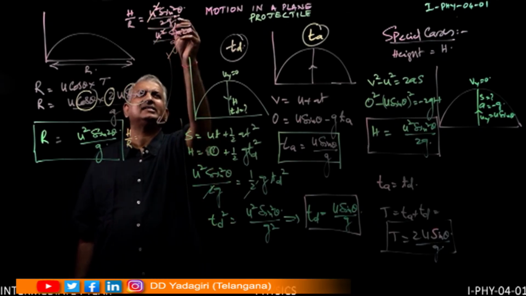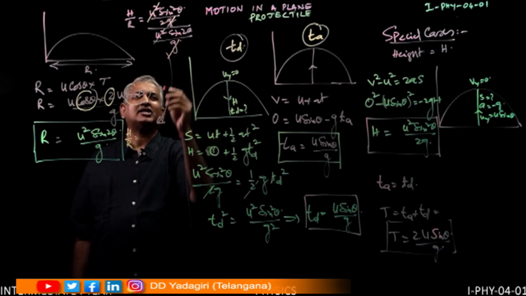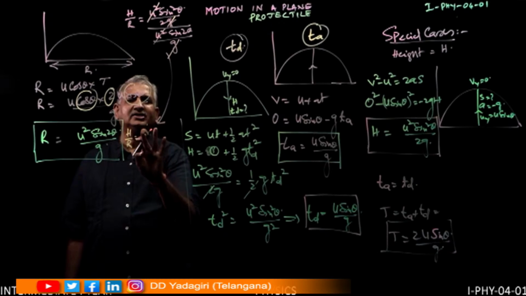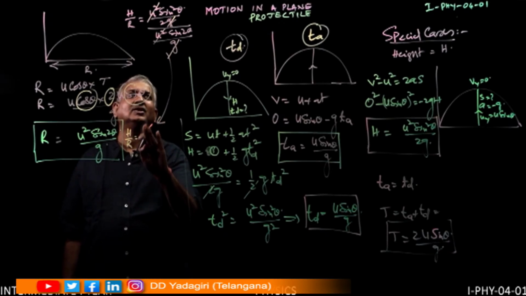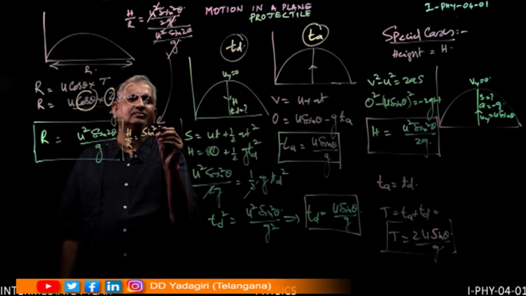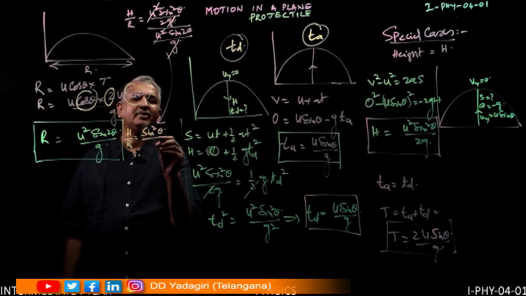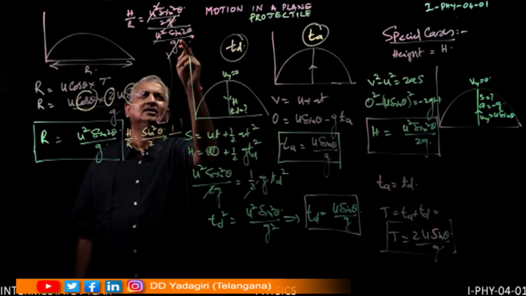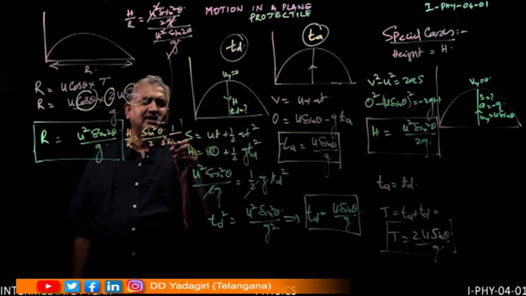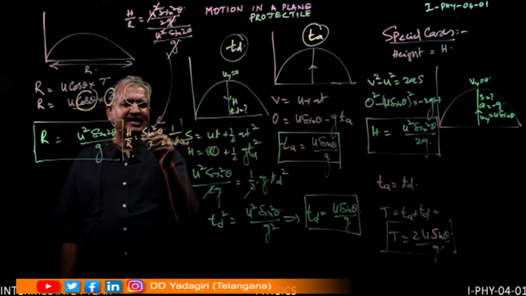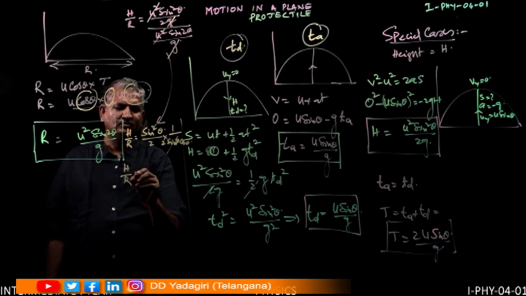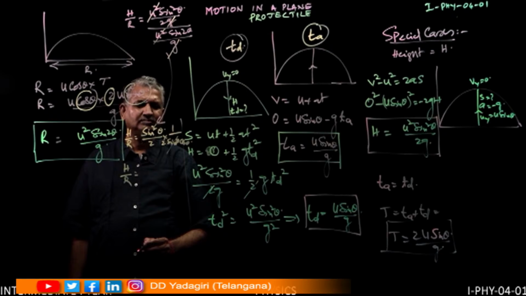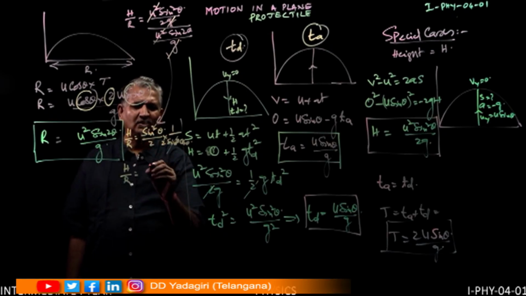This g and g will be cancelled. And here I am expanding: sin²θ divided by 2, 1 by sin 2θ is nothing but 2 sin θ cos θ. So one sin θ is cancelled, therefore h by R is equal to this sin by cos, called tan θ, by 2 into 2, 4.